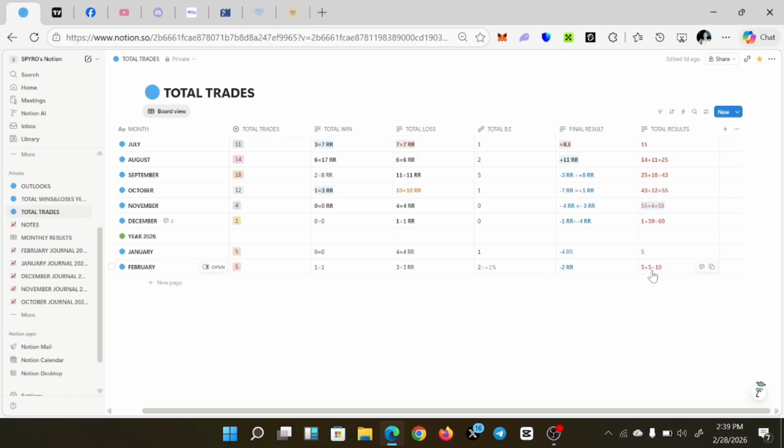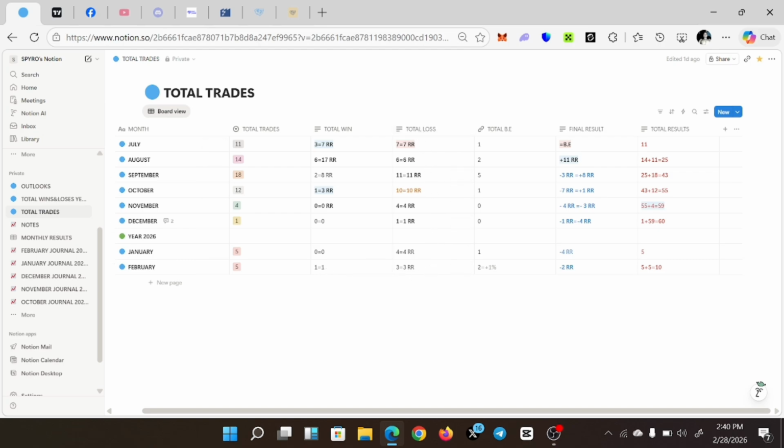So 5 plus 5 is equal to 10. From the month of January and February, I've only taken 10 trades. In these 10 trades, this 1% is a break-even. It's not a win, but it's a win. So that is why I had this 1% here.